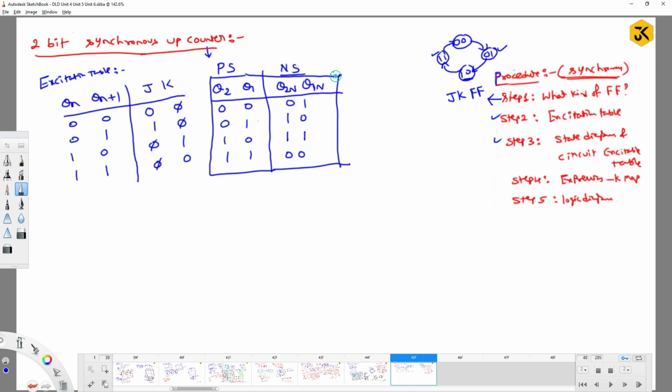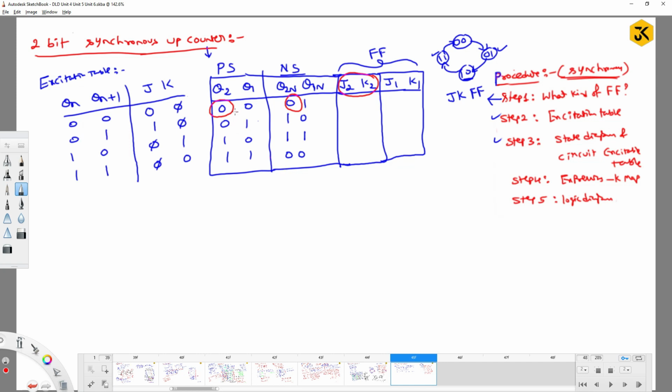After this, we construct the excitation table for the JK flip-flops, with J2 K2 and J1 K1, since they are flip-flops. In the earlier video I clearly explained why we take this procedure. To decide J2 and K2 values, you go with Q2 and Q2n.